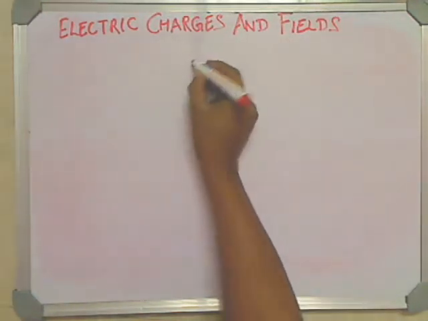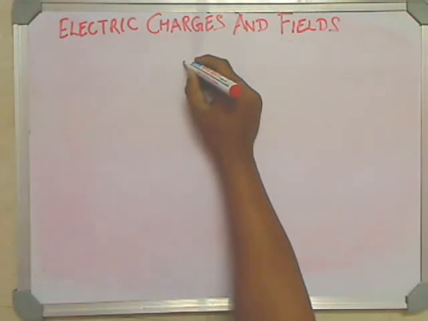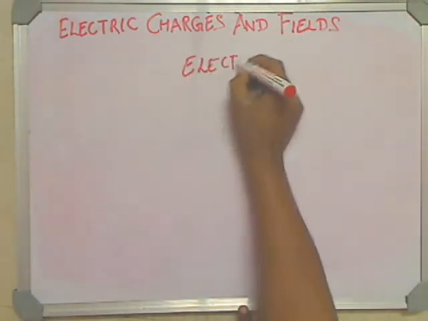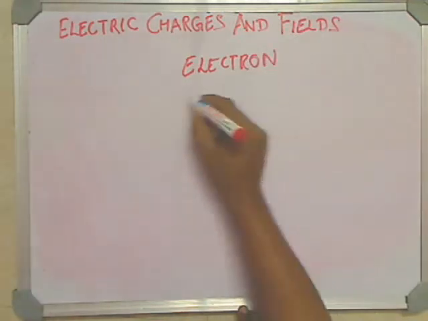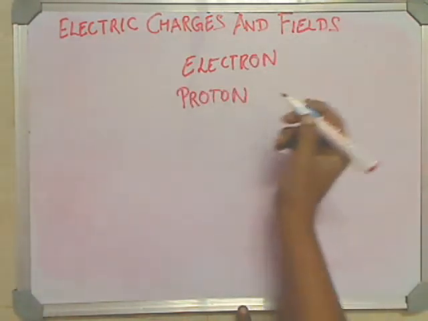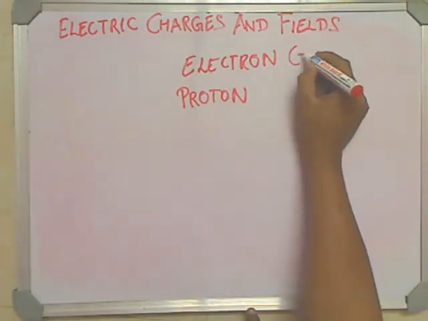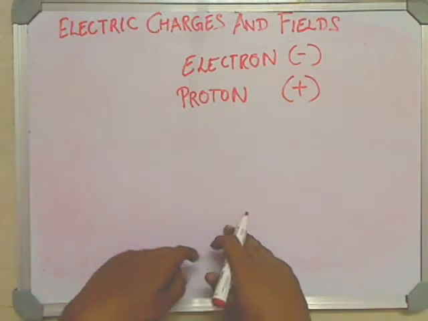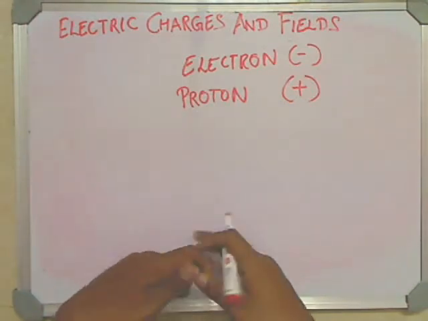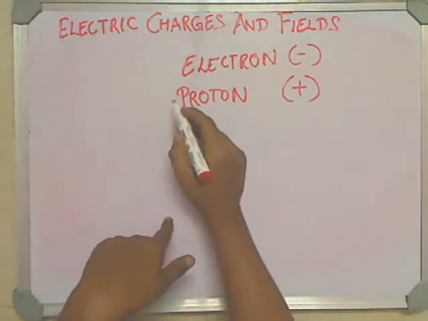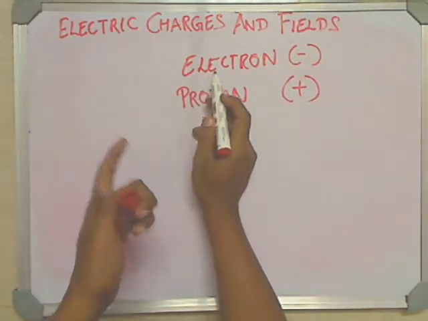Now, a charge is in fact either at the subatomic level an electron, or it could be a proton. As you all know, electrons have negative charges and protons have positive charges. Now, to be very honest, no one has really seen a proton or an electron.